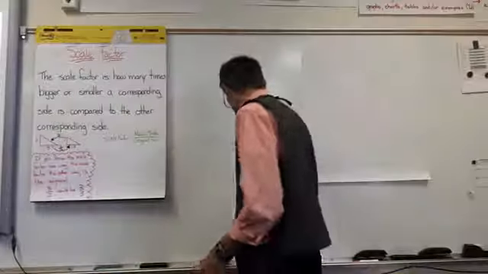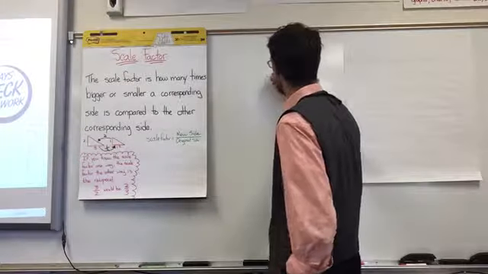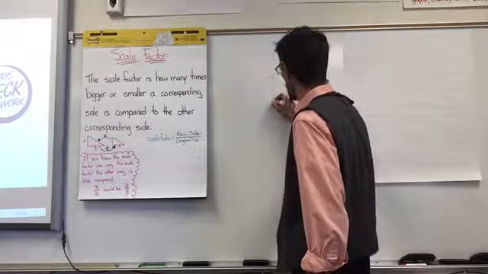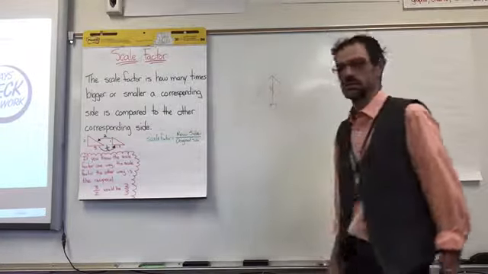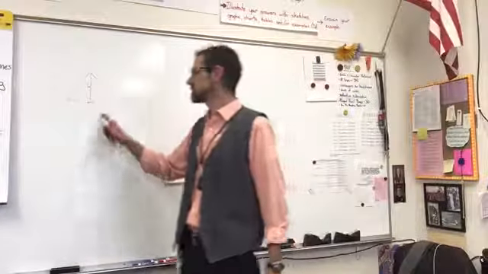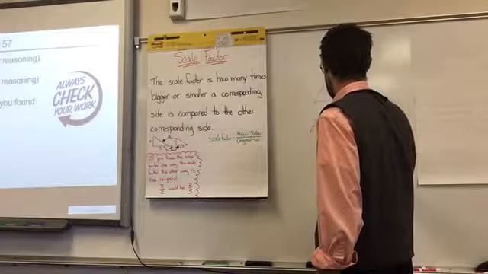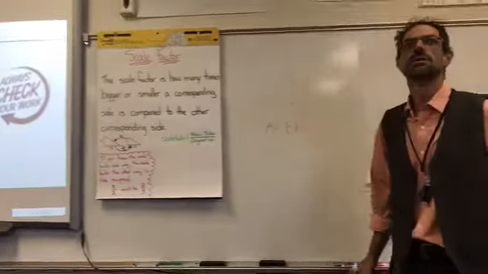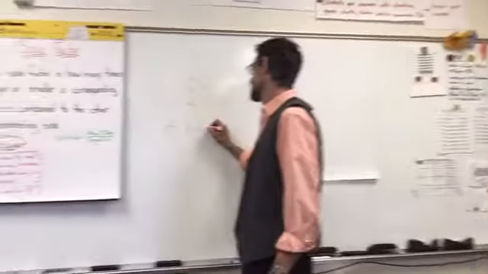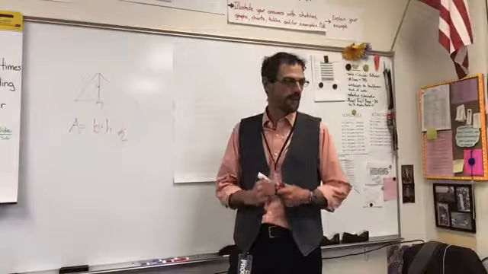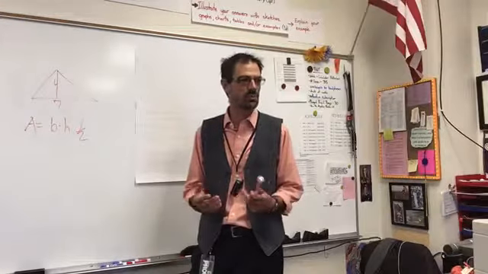It's asking me to find the area of a triangle. So, it's 4 high by 7. The area of a triangle is base times height divided by 2. Why do I have to divide by 2 in a triangle?